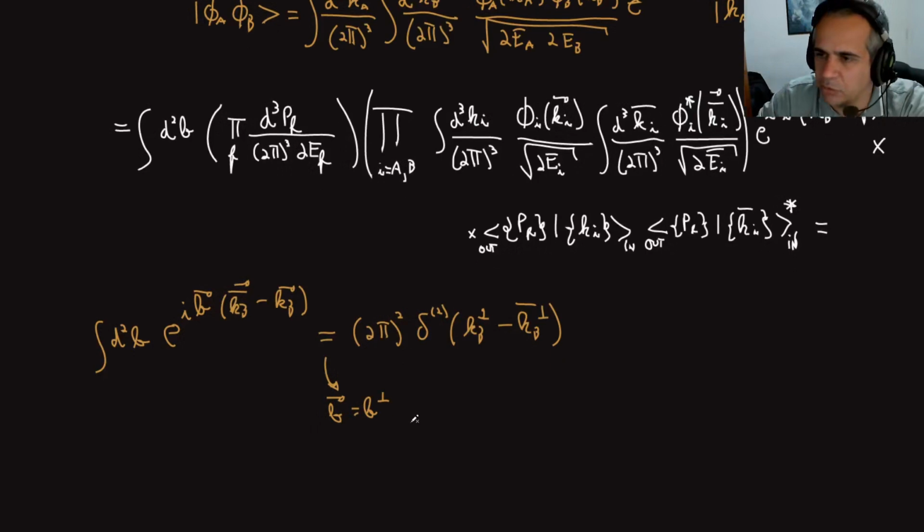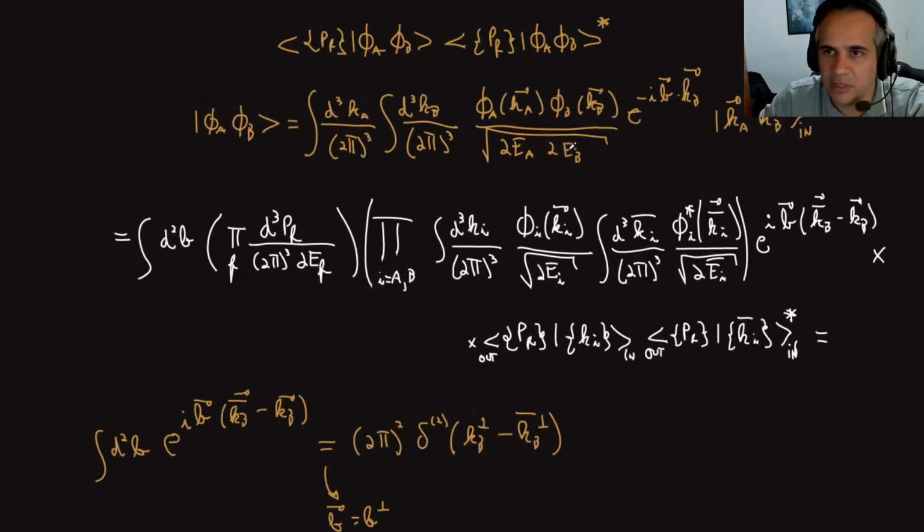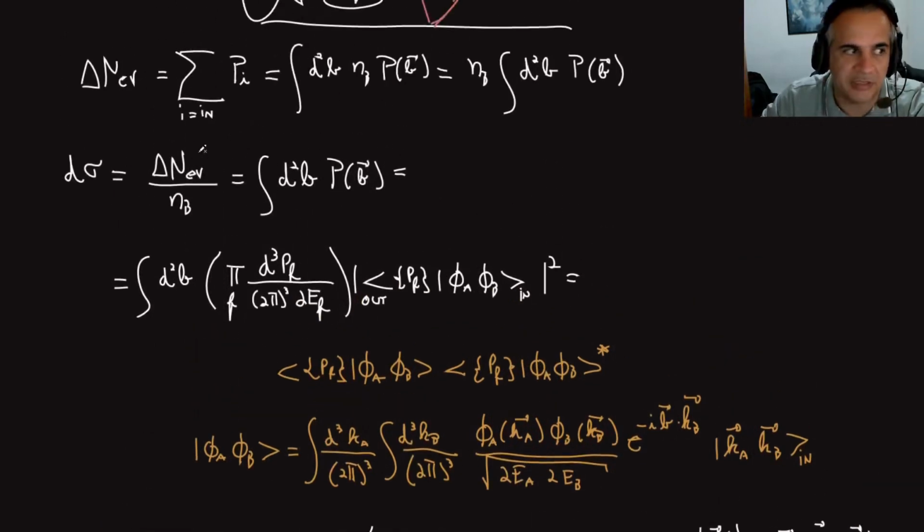And now that I have just momenta here, I want to use the definition of my invariant matrix element, because remember, we have defined event, right? What I'm calling here cross section is something proportional to the number of events, and what I call that event is when there is a scattering.